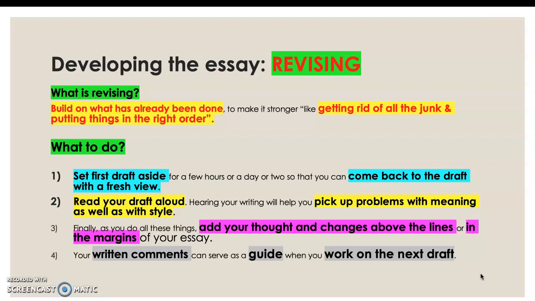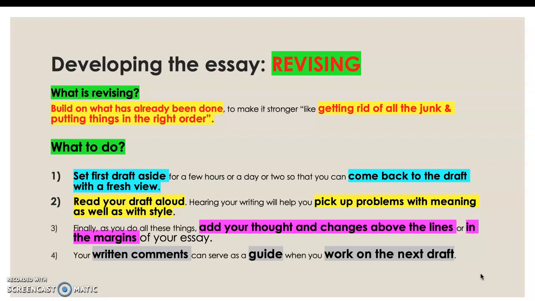It's writing your assignments, writing your reviews, any written work will go through this process. If you practice this kind of writing process, it will get you towards a written product that is more impactful and effective.